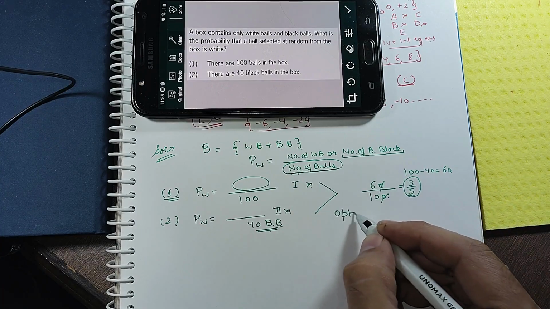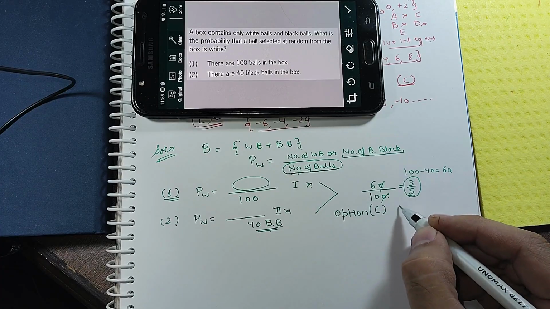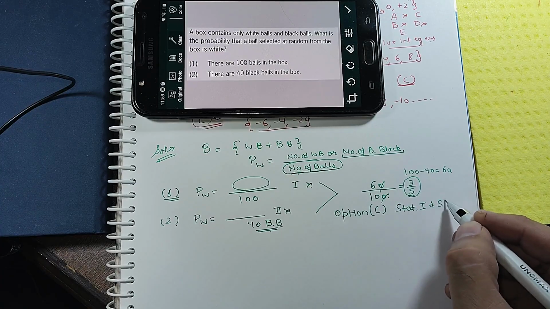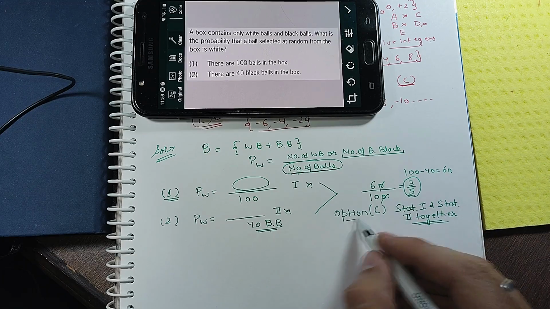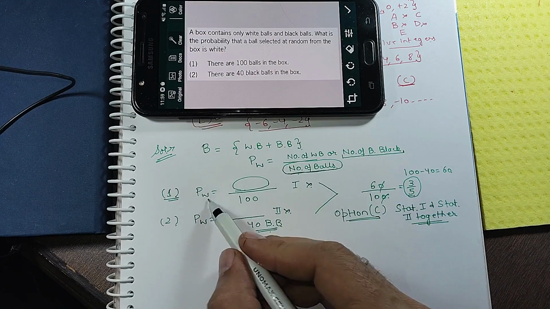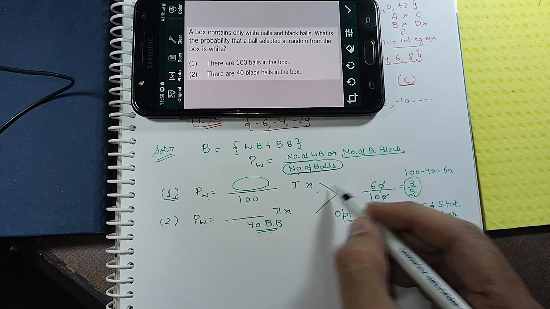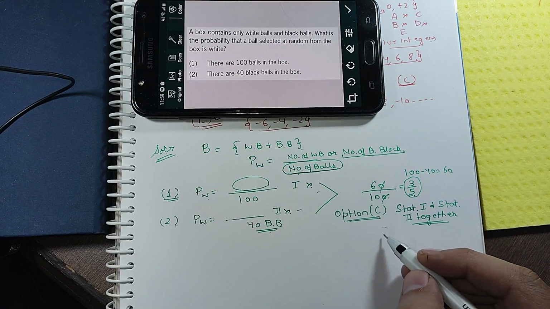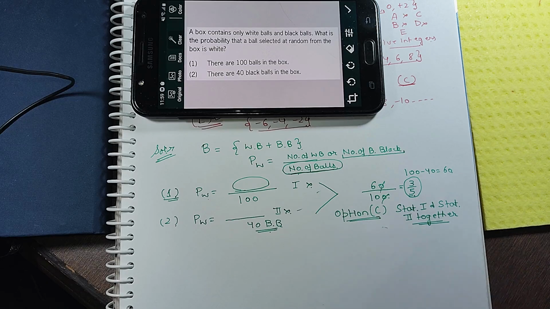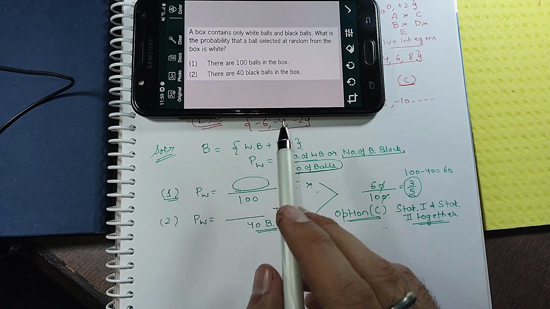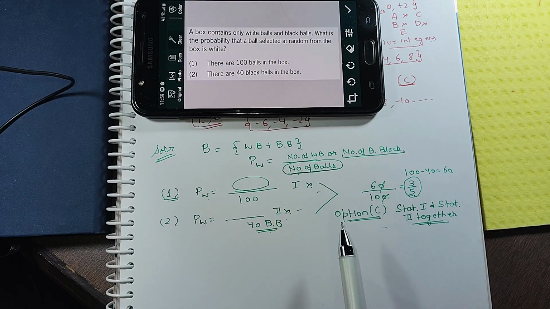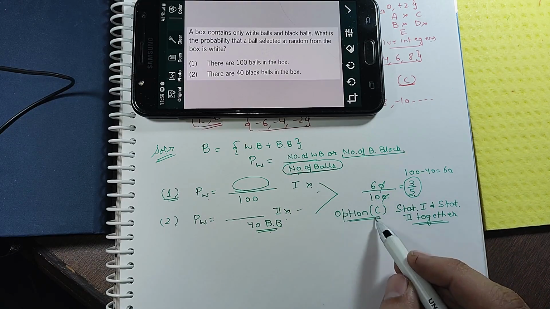So I will say option C, which means that statement 1 and statement 2 together can solve this question. If the statements had been able to solve it independently, then I would have gone for option D, that statements 1 and 2 independently are sufficient. But here, if I combine both statements, I get the probability that a ball selected at random from the box is white. So the right option is option C.